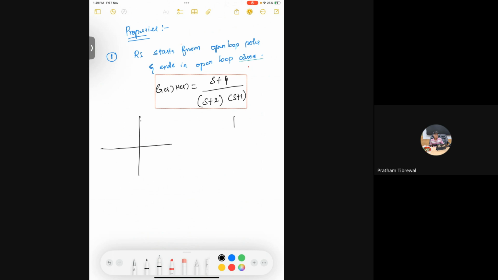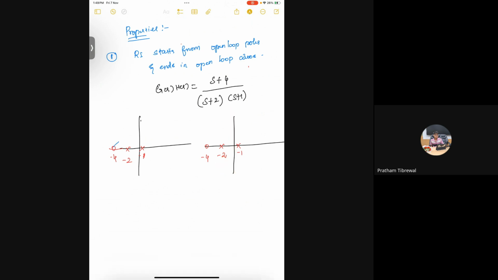Now I've plotted two different root loci, with poles at -1 and -2. Which one do you think would be the valid root locus here? A or B?